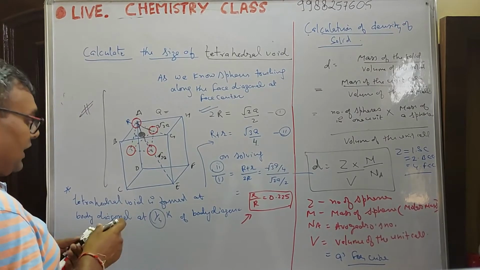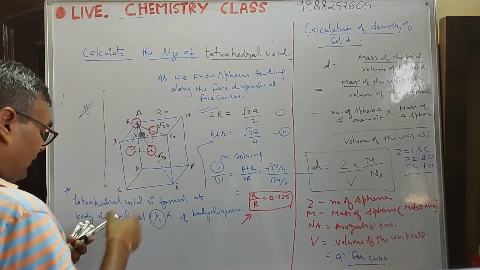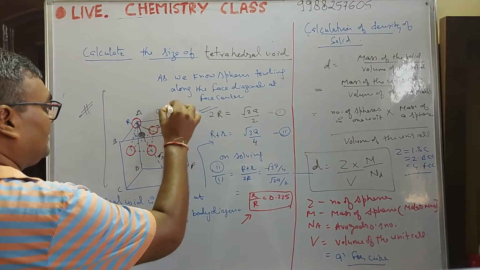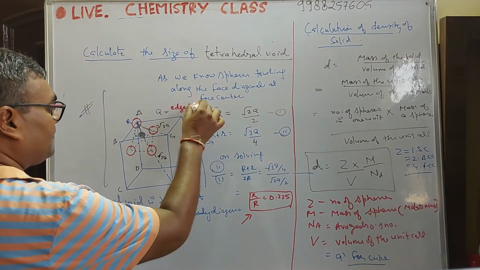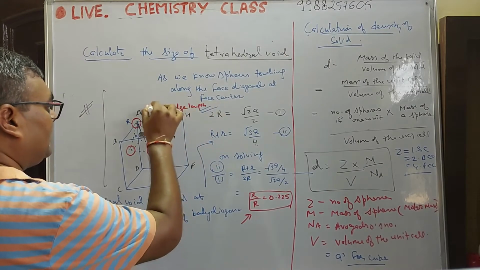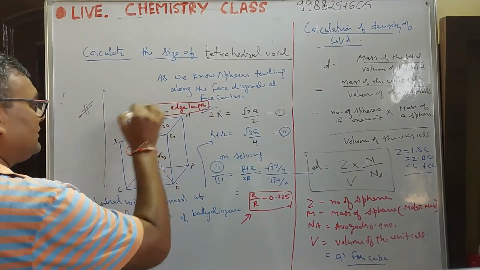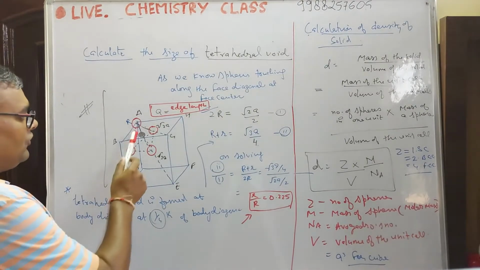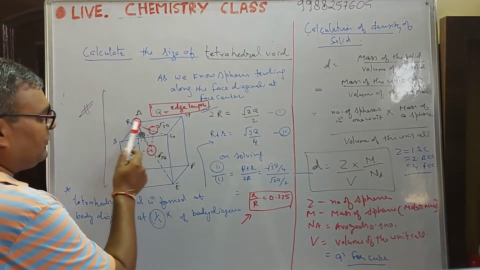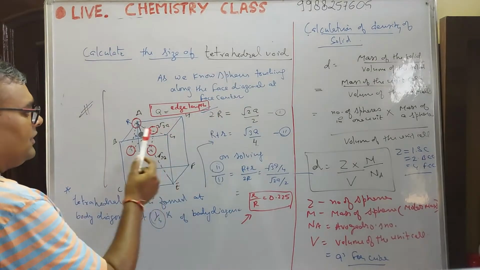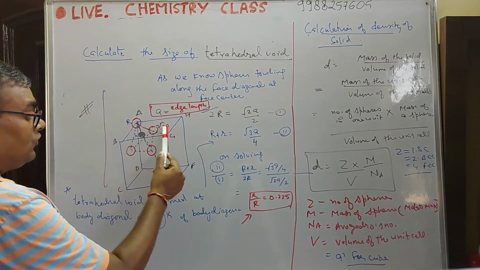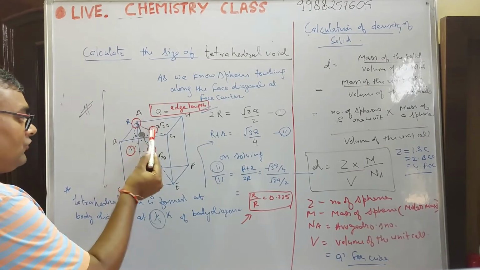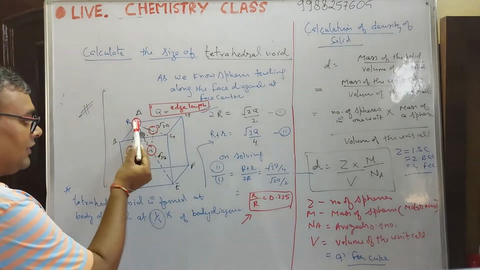Now, suppose a is the edge length of this unit cell. Then this is the face diagonal. The face diagonal length is root 2a, but this sphere is at the face center, so the distance between these two spheres should be half of the face diagonal.